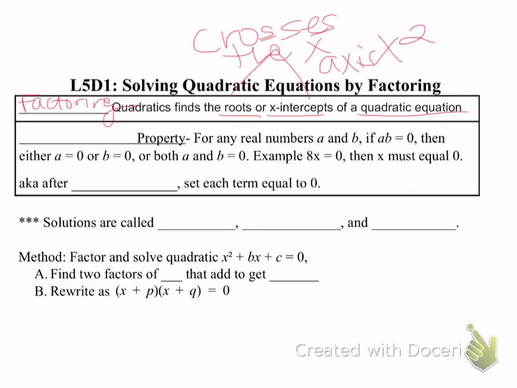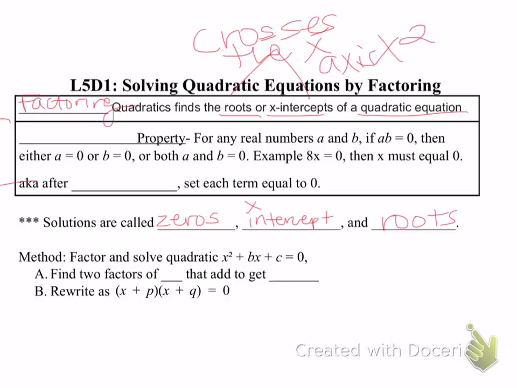We should know that from previous examples, and we're going to talk about this property later. So solutions we know are called zeros. They are called x-intercepts. And they are called roots. You'll hear these three terms used interchangeably.